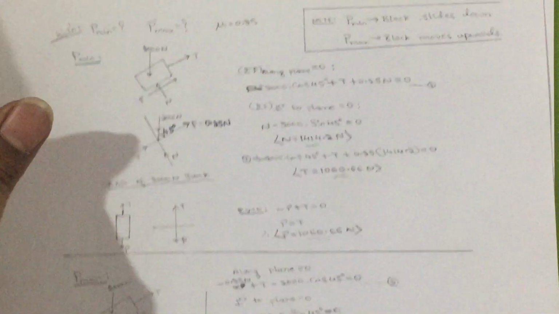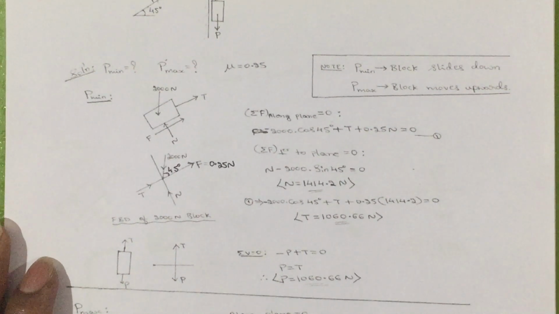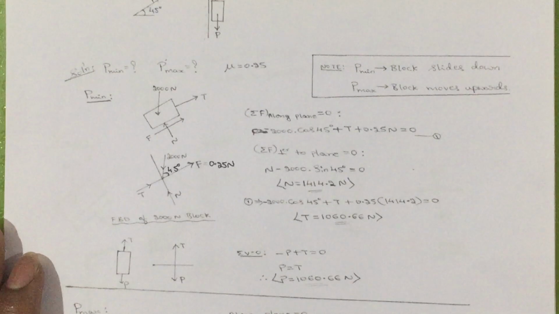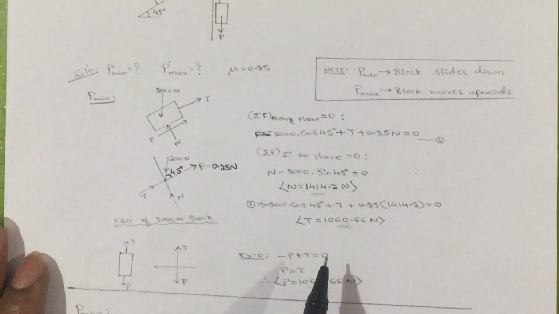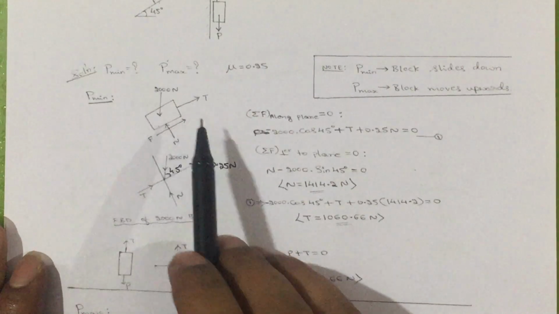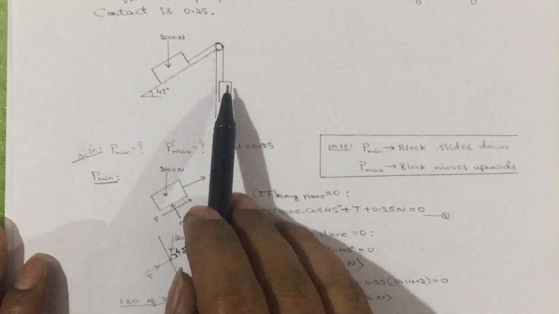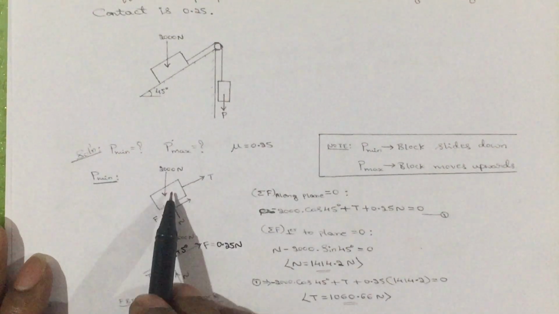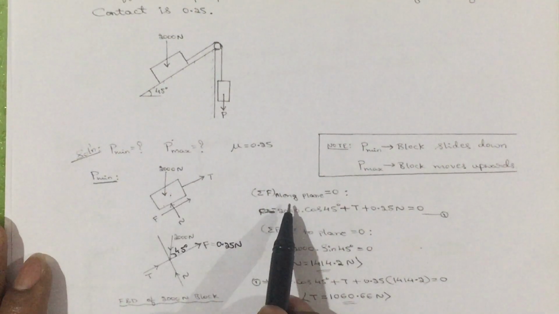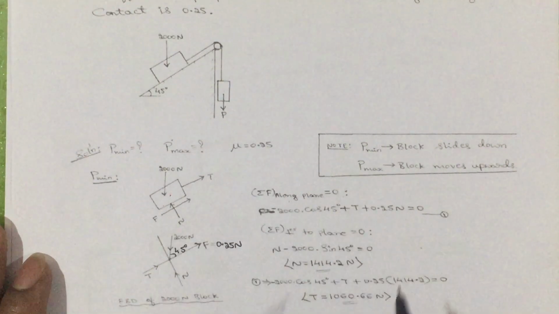I have already solved this one. Since you know how to apply sigma H is equal to 0 and sigma V is equal to 0 from the previous modules, I will explain it directly here. I have written the free body diagram, this is for this block, then this is for this block. First, for this free body diagram, apply sigma H is equal to 0, that is along the plane.